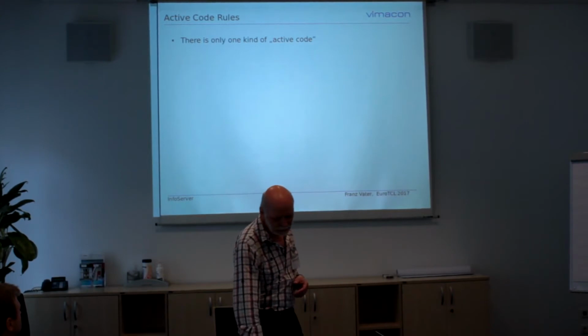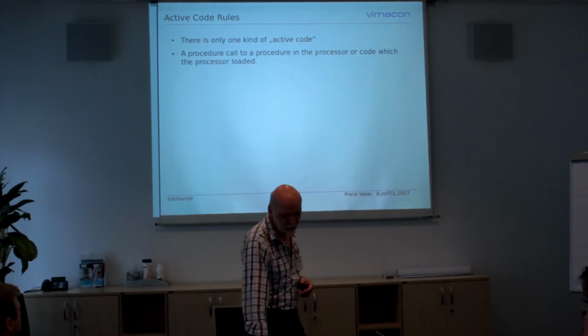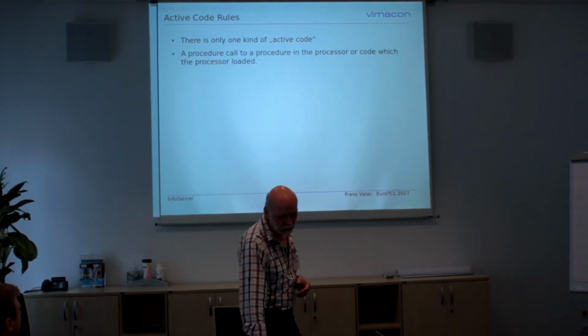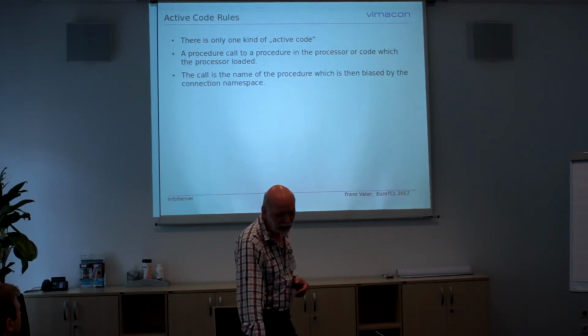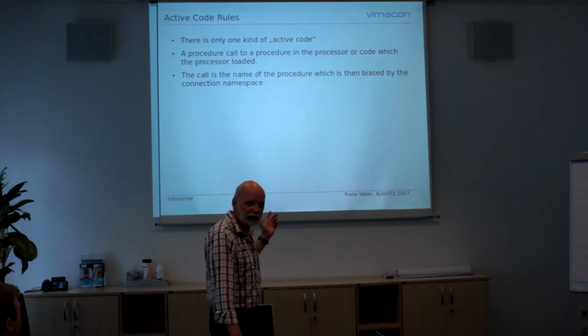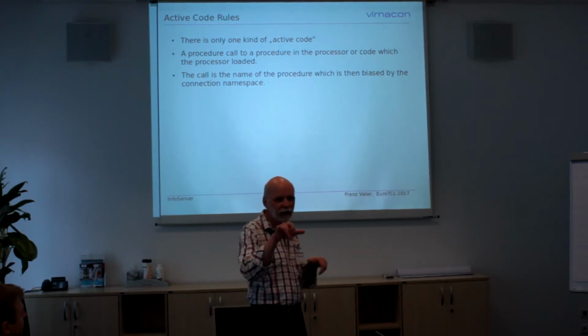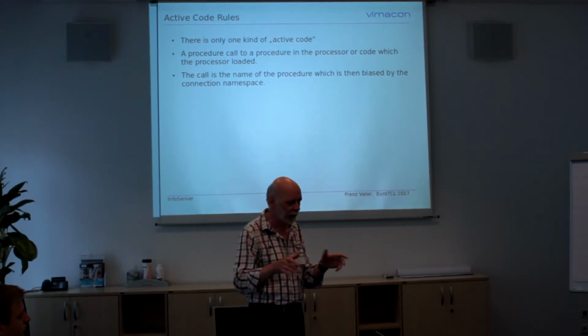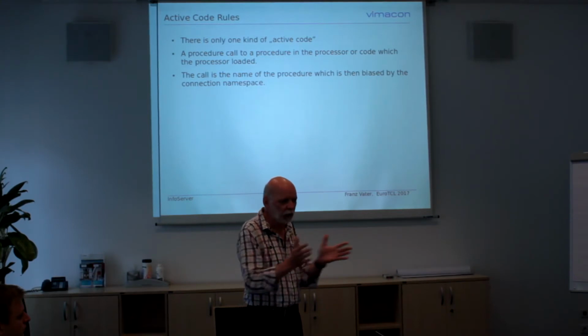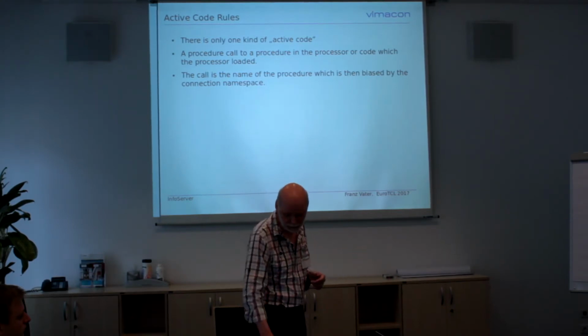Okay, that's what I said. It's only one kind of active code. The name, which was book index in that example, is then placed as the last part of the namespace, and therefore it can only be executed in that namespace.